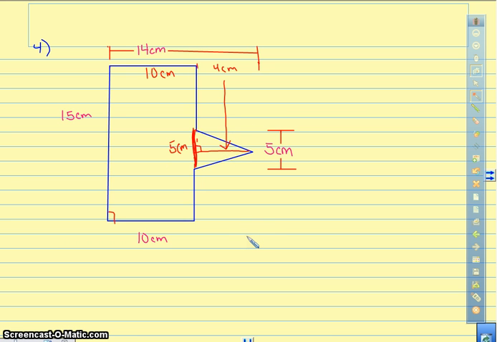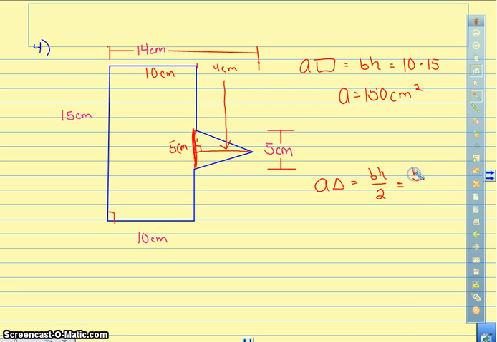So you have to look at all the different dimensions, different lengths to find what you're going to be using. So I have my area of my rectangle, which is base times height. My base is 10 and my height is 15. So my area equals 150 centimeters squared. For my triangle, I have base times height divided by 2. My base is 5.